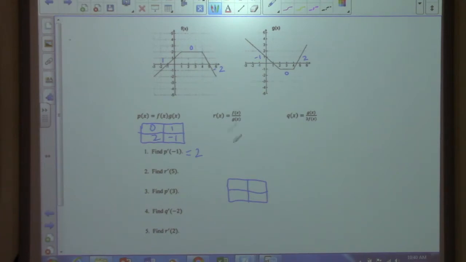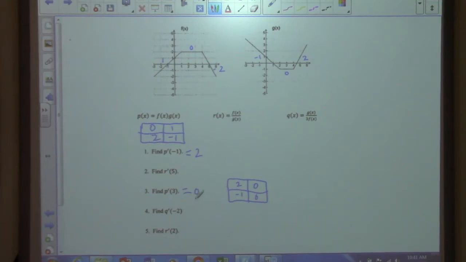It looks like we get 2, 0 for the f, and go over here to 3, we get -1, 0. So that's going to get 0, isn't it? Because that's 0, right? Did you get 0 for that? That's good. Okay, what about these other ones? These other ones are quotients.